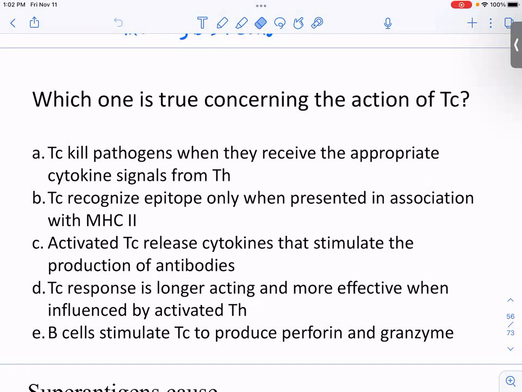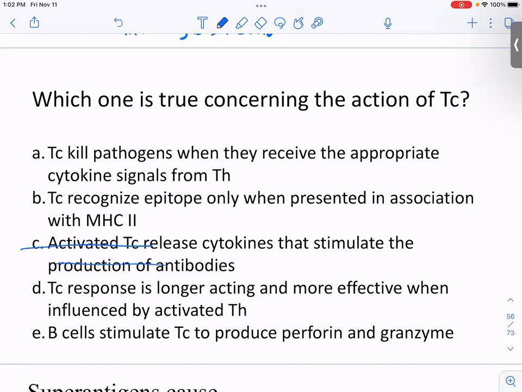When I'm thinking up questions, if there are 5 possibilities, usually one of them is just silly. Like, the one here, C, activated cytotoxic T cells that stimulate the production of antibodies.